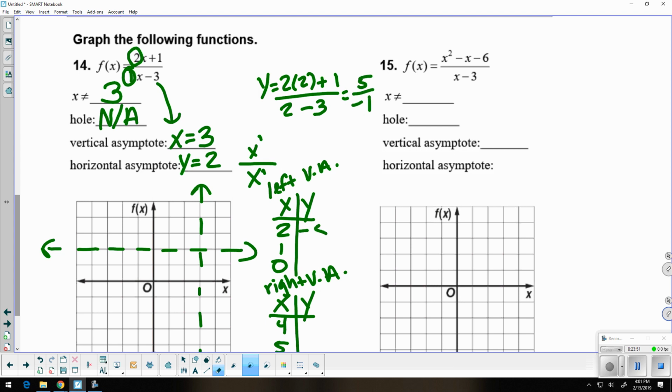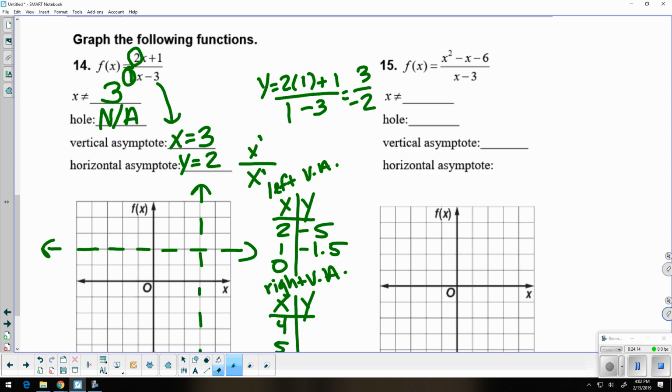Now I'm plugging in 1 and see what we get. When I plug in 1 for x, we have 2 times 1 plus 1, so 2 plus 1, that would be 3 over -2. Well, 3 over -2 would be -1.5.